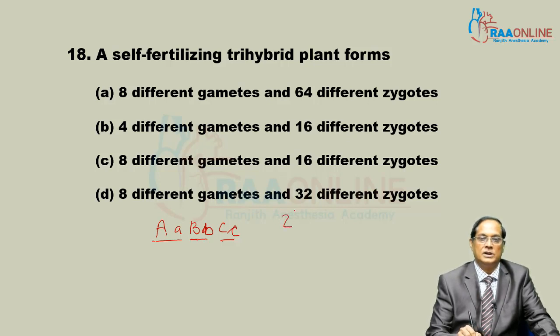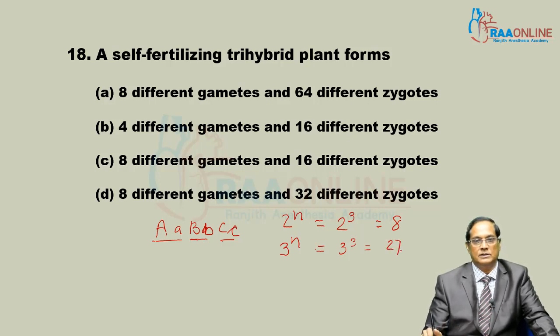Formula of phenotype is 2 raised to power n. Formula of genotype is 3 raised to power n. And this cross is trihybrid, that's why the value of n is 3. 2 raised to power 3 for phenotype and 3 raised to power 3 for genotype, that is 8 types of phenotype and 27 types of genotype.